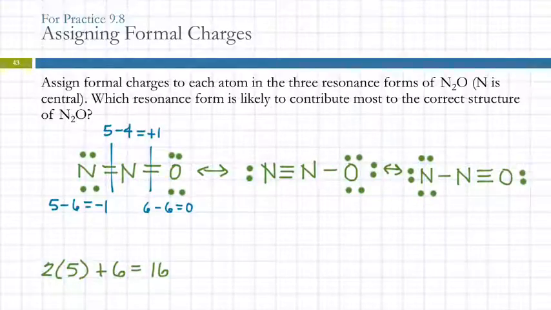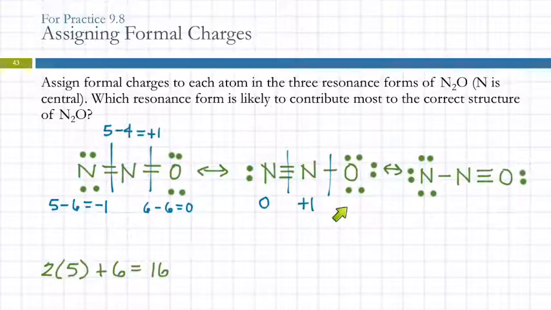Calculating formal charges is really not that hard. You just have to remember how to do it. So then let's do this one over here. Nitrogen, I'm not going to do the actual subtracting on the board, I'm just going to talk about it. Nitrogen brings 5. How many does it leave with? 5. So 5 minus 5 is 0. This nitrogen brought in 5. How many does it leave with? 4. 5 minus 4 is +1.